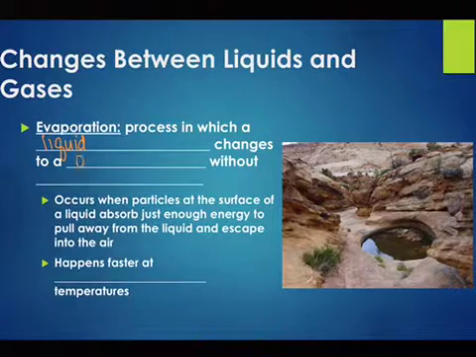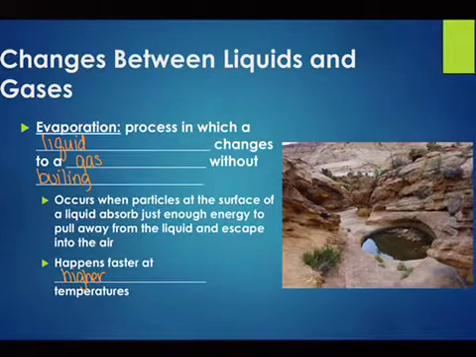Evaporation is a process in which a liquid changes into a gas, and this happens when there is no boiling taking place. This occurs when particles at the surface of a liquid absorb just enough energy to pull away from the liquid, and it allows them to escape into the air. This happens faster at higher temperatures.